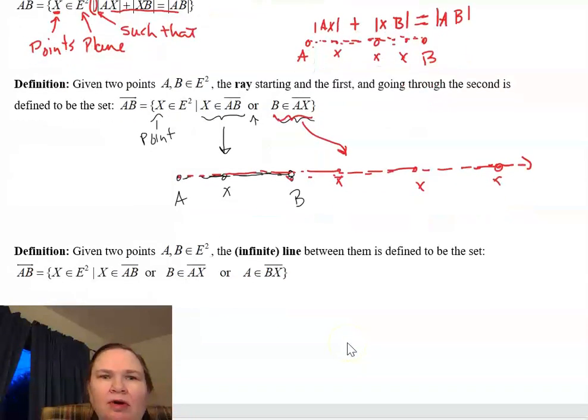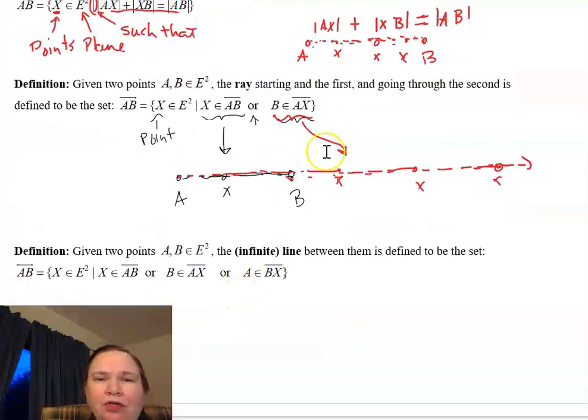And then we're going to look at the definition of an infinite line. So we just want to do the same thing but in the opposite direction as well. And so that's what we get.